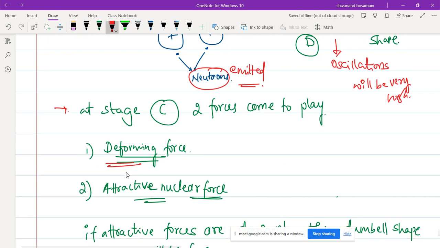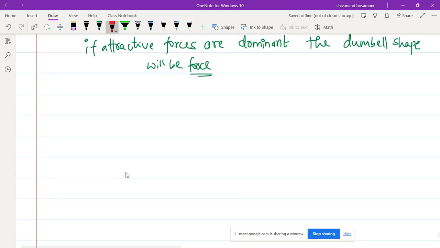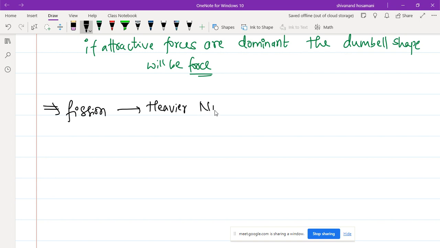Okay. Fission ಒಳಗೆ ಎರಡು ಅದಾವ್ರಿ. This is nothing but a fission. Division of the heavier nucleus into two equal parts or lighter parts is nothing but a fission. So this is defined as a fission: heavier nucleus to lighter nuclei.